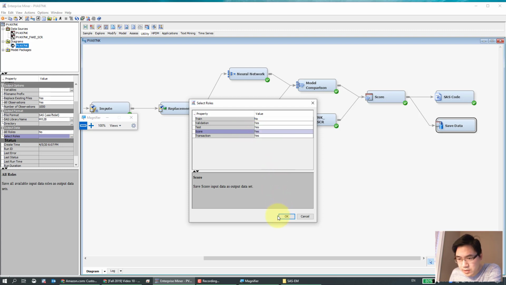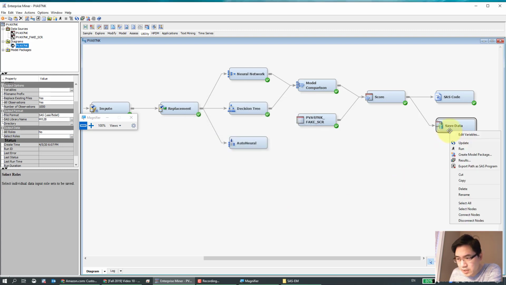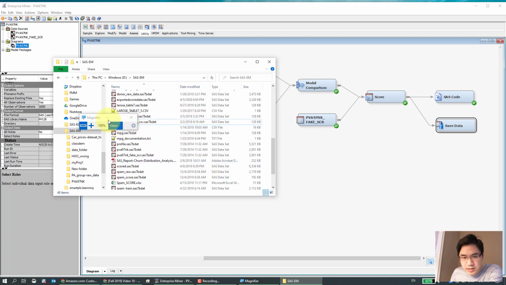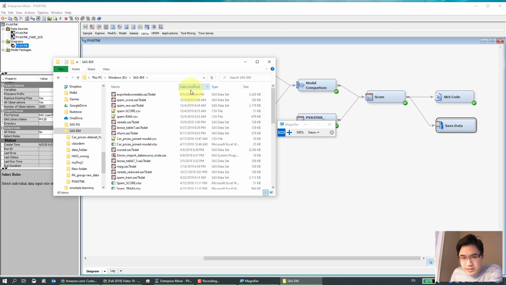And if I run this, I should expect to see an additional data set appearing in this same library. So let me sort by the date. This score data is the data that I exported previously by using the SAS code. And after the save data node successfully runs, I would expect to see an additional score data set here.